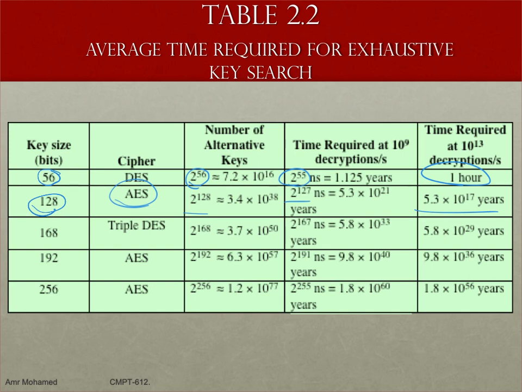But of course, enlarging the key size affects the speed. Complexity, yes, complexity. All the structure that we talked about has to be more complex in order to accommodate the large key size, obviously.